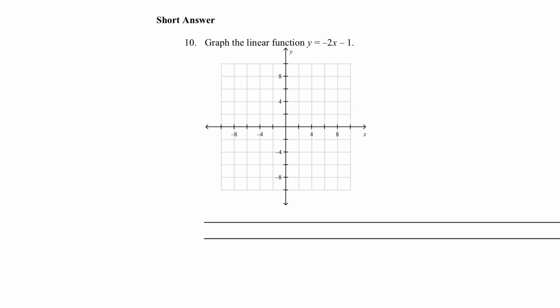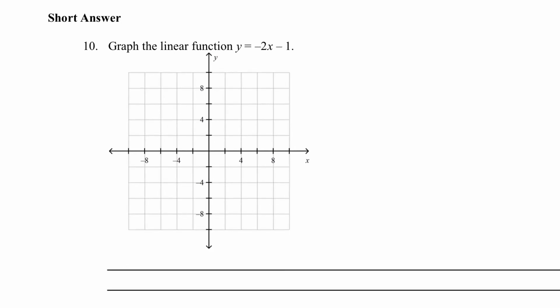Okay, our last question here is graph the linear function. Well, I would use the idea of y equals mx plus b. So y, we can see that y is y and equals is here. But the m is the slope, and that's super easy.